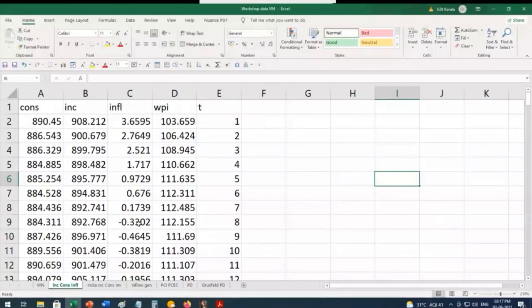So we are formulating a multiple regression of consumption as a function of income and inflation. So we are going to enter this data in Gretl, and then we will do the multiple regression, and then we will see whether our model is adequate or not.